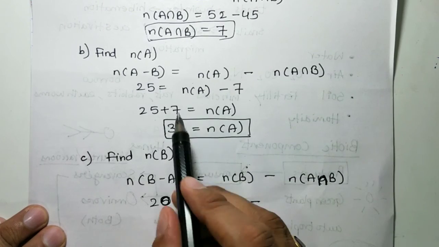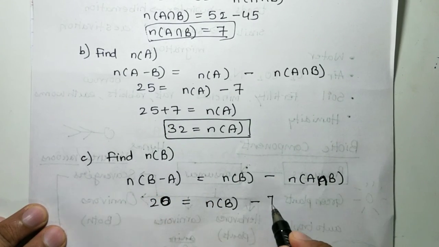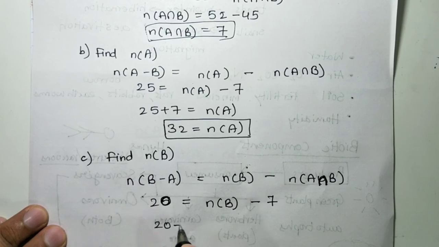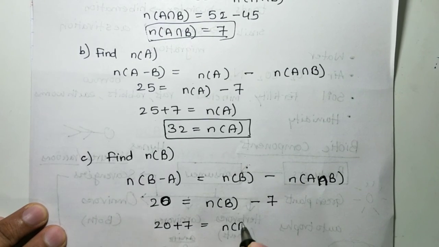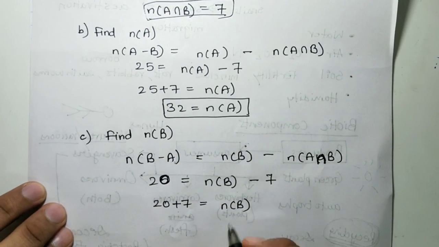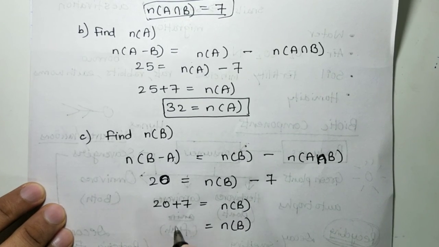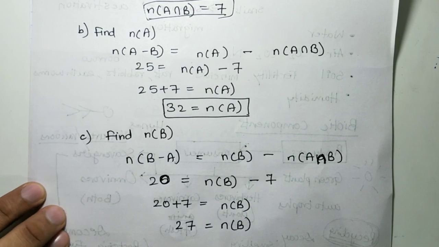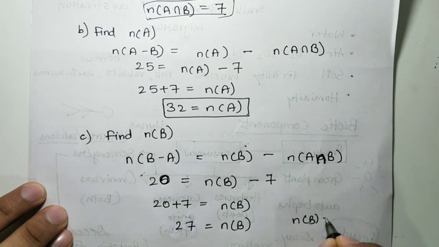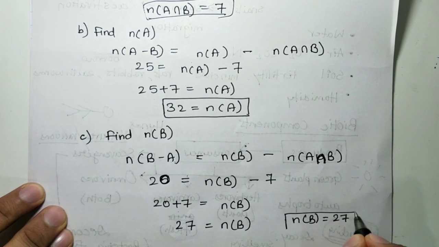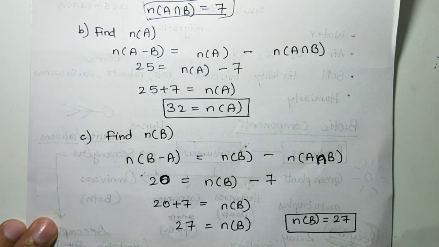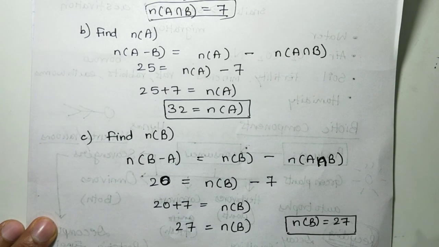And A intersection B is 7. Now this minus 7 will go there. 20 plus 7 equals B. So what will B be? B will be 27. Okay. Copy this sum. We have completed question number 7.